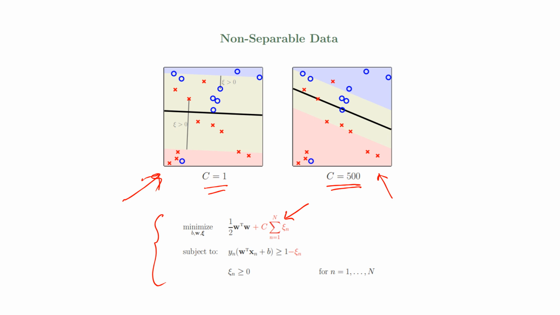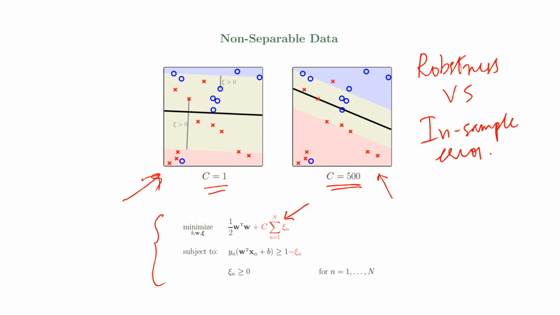So it's robustness versus in-sample error, right? And this also points to the fact that C is specifically important. C is playing an essential role when we are talking about soft margins, especially with non-separable data, right?